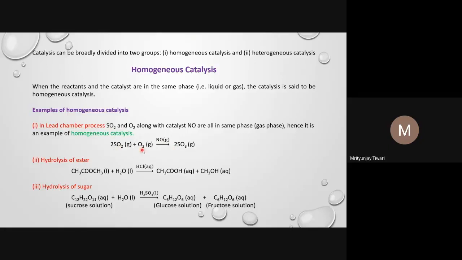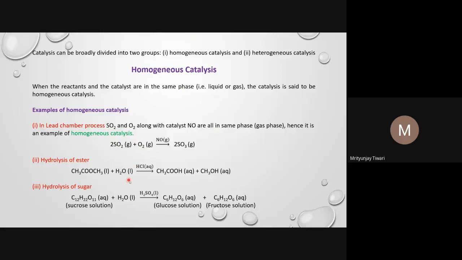The gaseous SO2 reacts with gaseous oxygen in the presence of gaseous NO, which acts as a catalyst, for the formation of SO3, sulfur trioxide gas. This process is homogeneous catalysis because the reactants, sulfur dioxide and oxygen, are in the gaseous phase, and the catalyst is also in the gaseous phase. So this is an example of homogeneous catalysis.